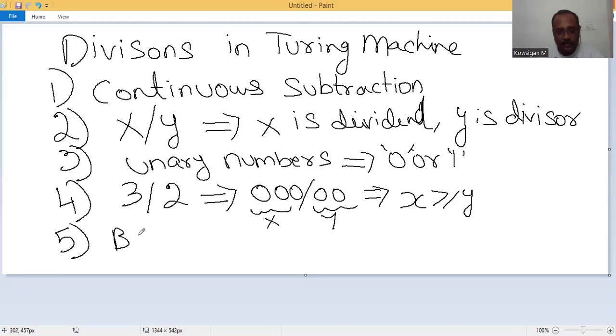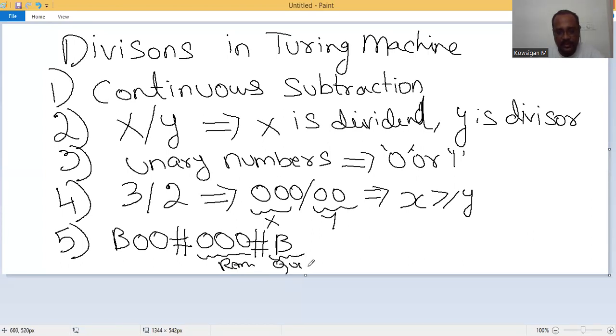We are going to write the divisor first, so 2 zeros, then it is separated with a hash, then the dividend x with 3 zeros. Again it is separated with a hash and the right hand side will be blank. Here you will have the remainder and in this portion you will have the quotient.